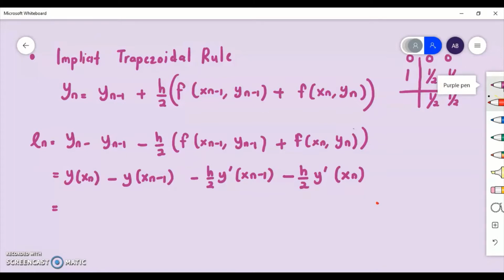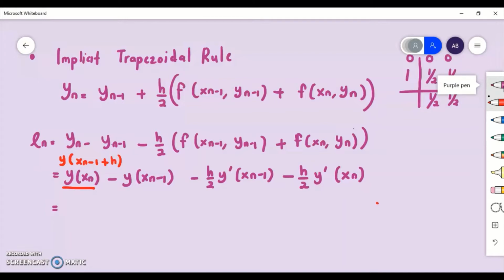Okay, so if I am expanding this term here, I need to write this as y at xn minus 1 plus h. If I'm expanding this in terms of series, then I don't have to expand this one, because I already have a y in this term here.